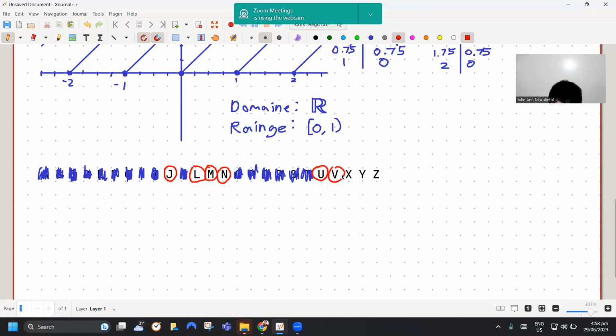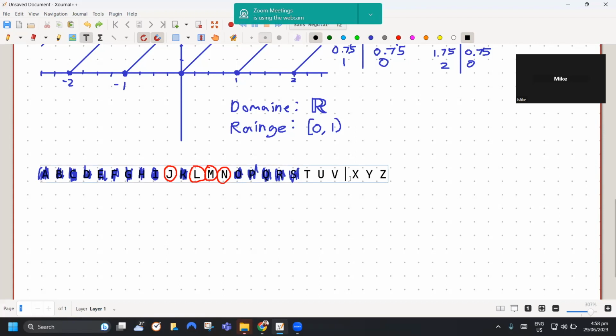Pwede. G. X, I don't think so. Y. I don't know. And, what else? I don't know. Talaga pwede po siyang pilitin, pero really doesn't fit. Okay, so J, L, M, N, no? At saka U, V. W.